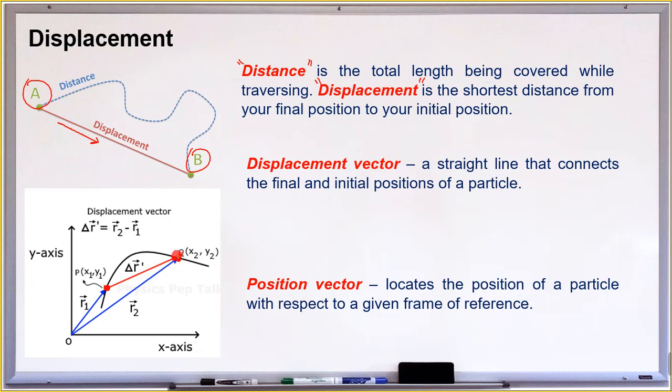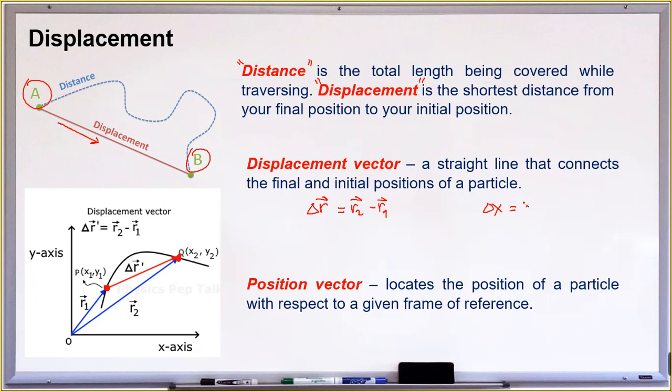In symbol, it is represented by delta R bar, which is simply equal to R2 minus R1. Or in another representation, just don't forget that displacement is mostly represented by change in x.